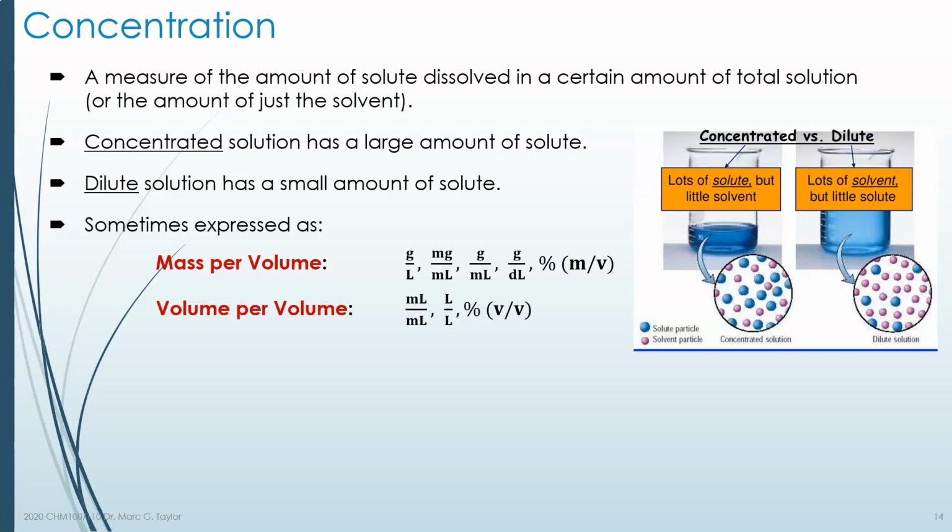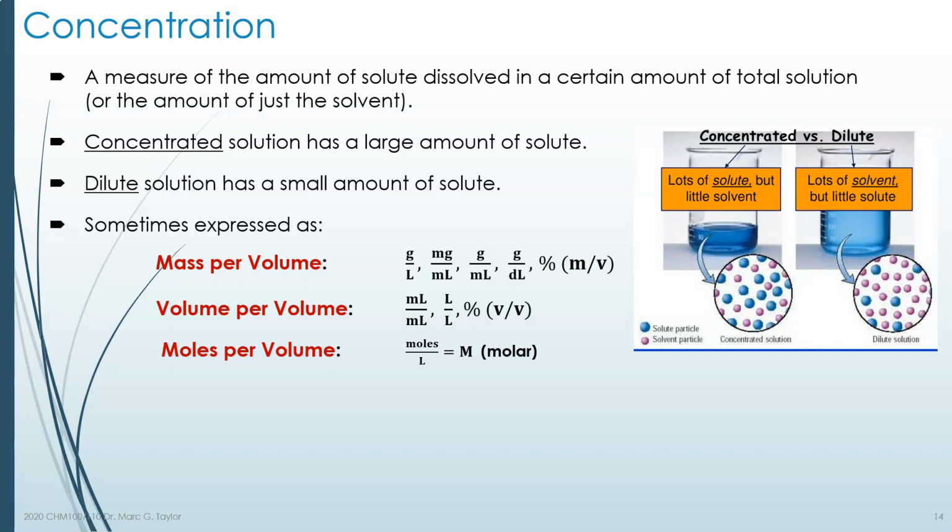So if you have a liquid solute dissolved in a liquid solvent, we would use units where both the units are volume, and typically we would use the same unit for the solute as we would for the solvent or the total solution. So we could use mils per mil or liters per liter or even percent volume to volume. So that's a volume to volume that's turned into a percent.